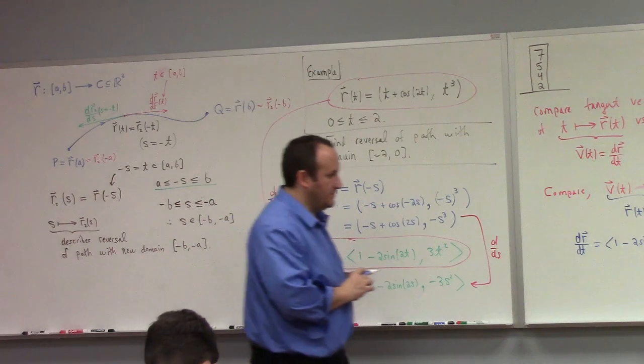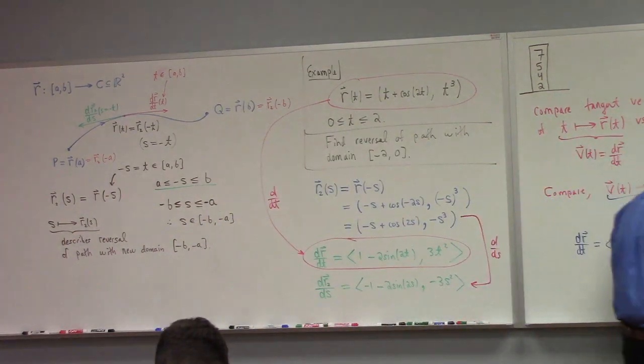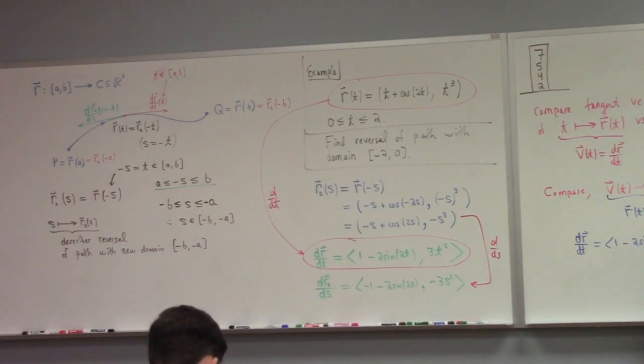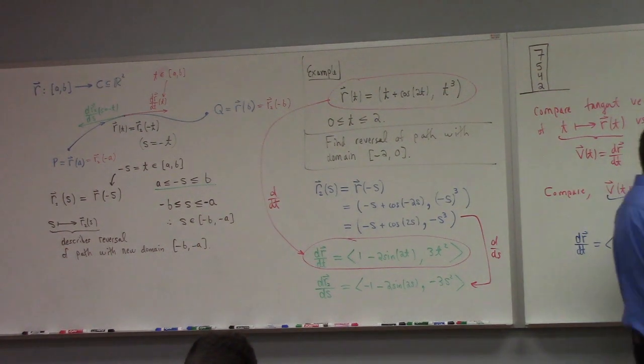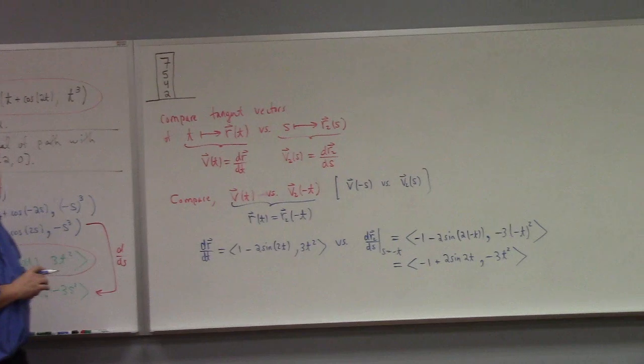Now, what is sine? Is it odd or even? Odd, right? So this is minus 1 plus 2 sine of 2t, comma, minus 3t squared. Notice that the minus is squared, so it goes away.